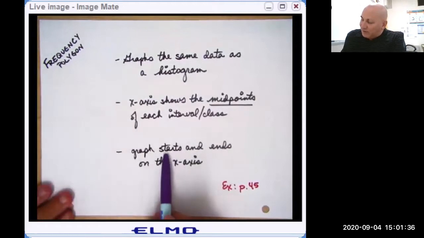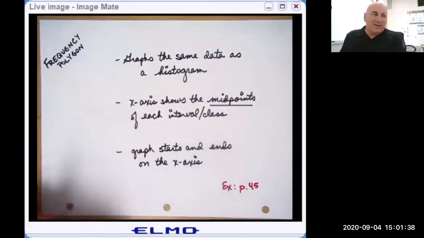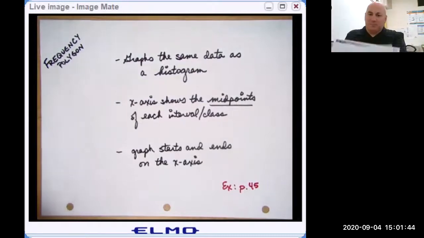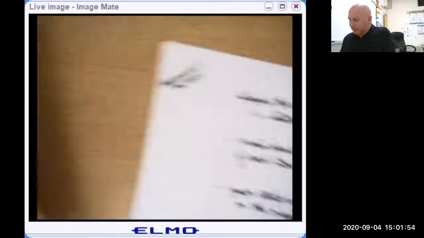And the graph starts and ends on the x-axis. Let's see if I have a good histogram here. Yes.